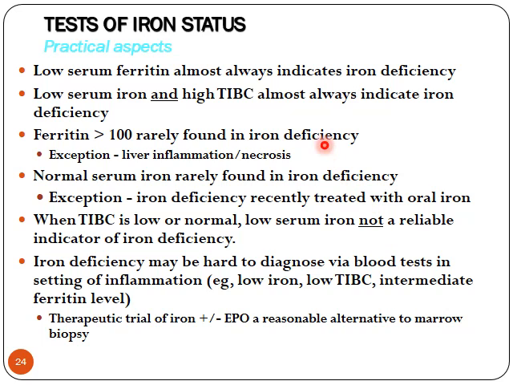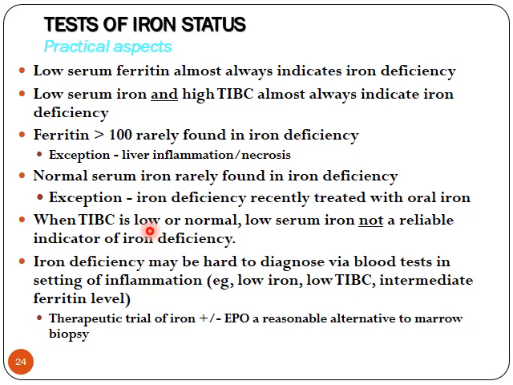Of course, low serum ferritin is almost always an indication for iron deficiency. Low serum iron with high total iron binding capacity is also an indication for iron deficiency. Ferritin more than 100 is rarely found in iron deficiency, except in liver inflammation and necrosis. Normal serum iron is rarely found in iron deficiency, except when the patient is under treatment.